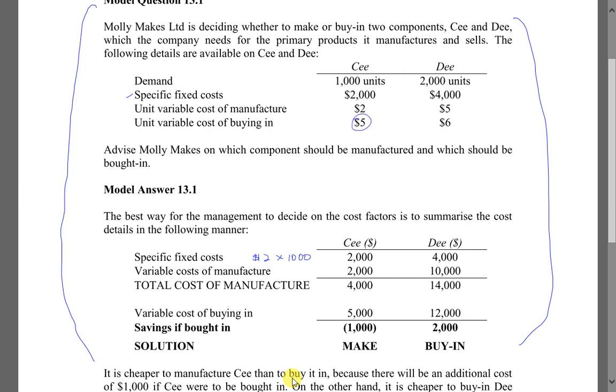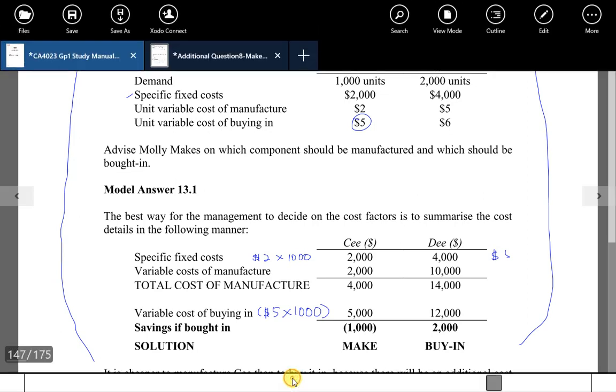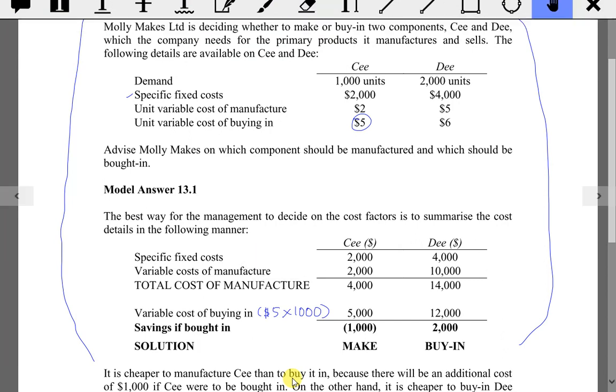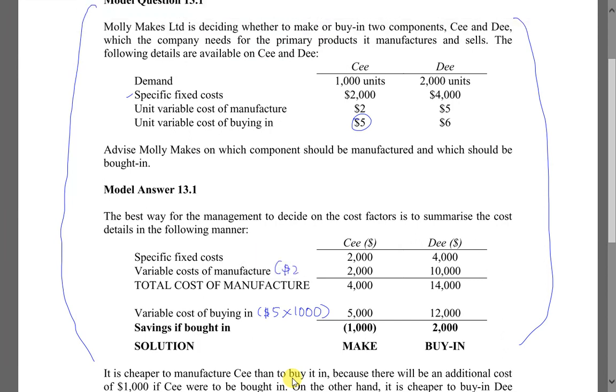To buy, it will be $5. If I buy, it will be 6.